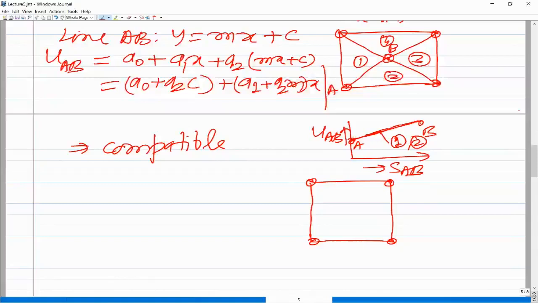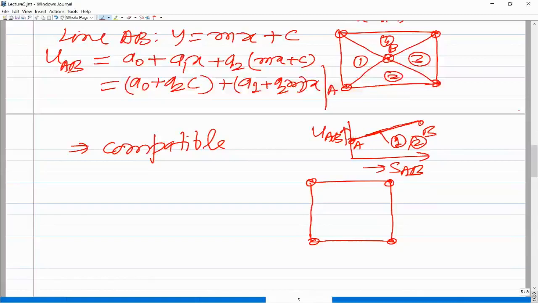Okay, sir. So now, yes, anybody else? Yes, sir. Can we say that while writing the shape function for element one and two, for node A as well as node B, the shape function will be the same for both elements, sir, or not? That depends on the sequence.